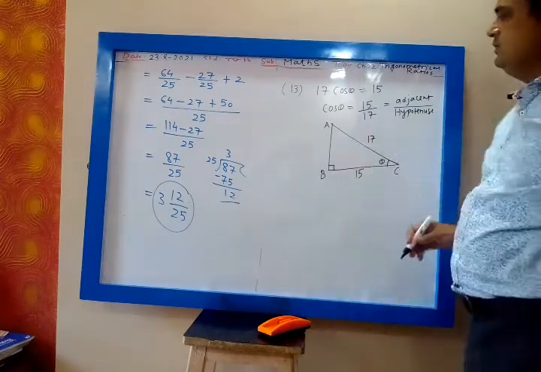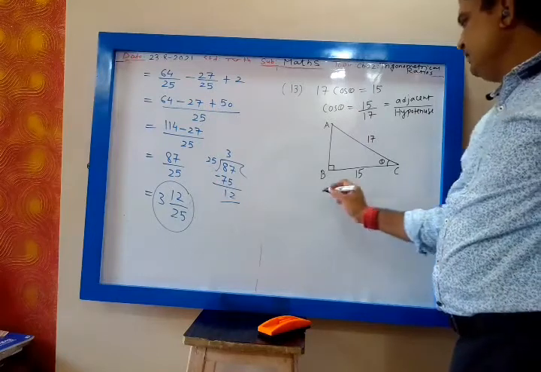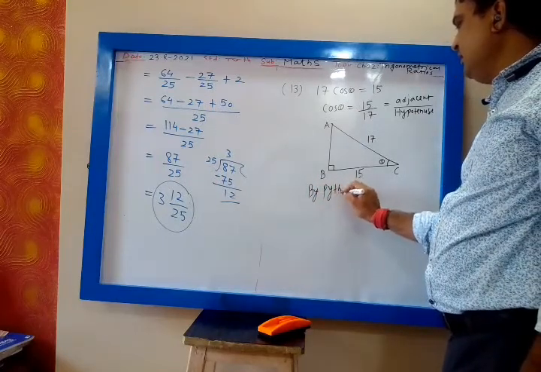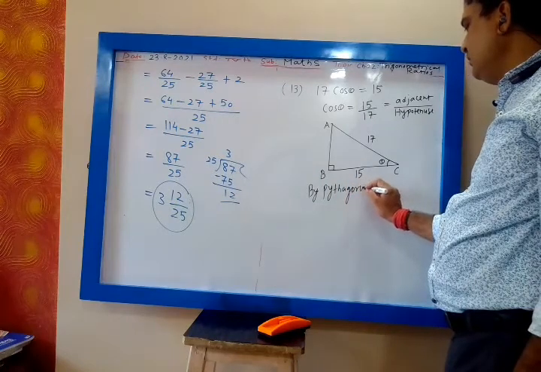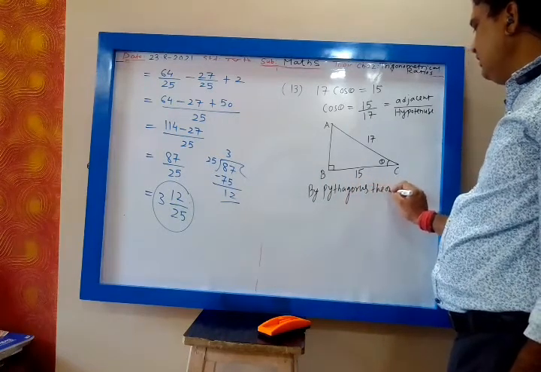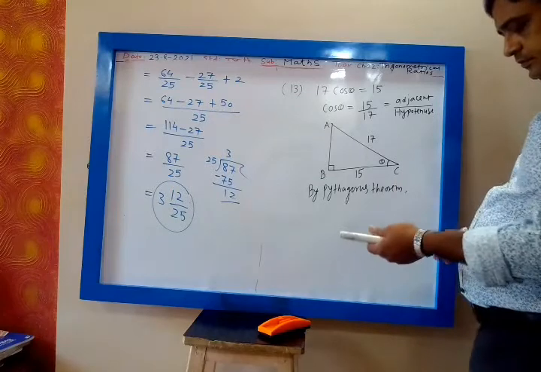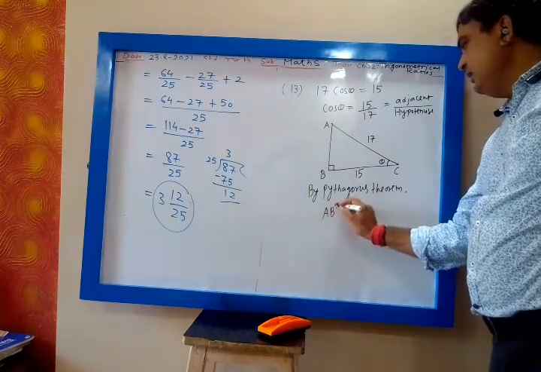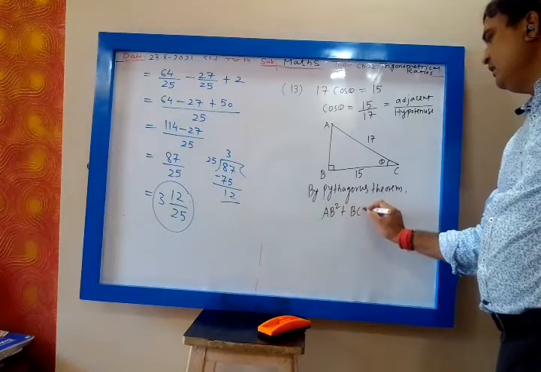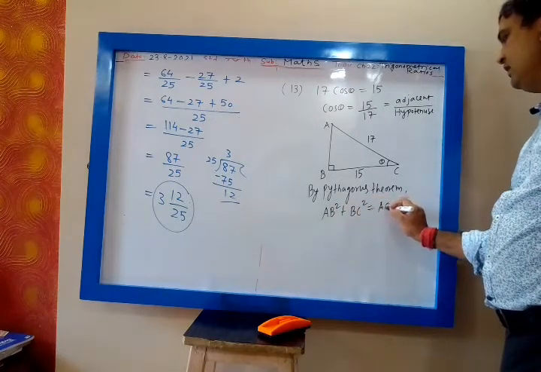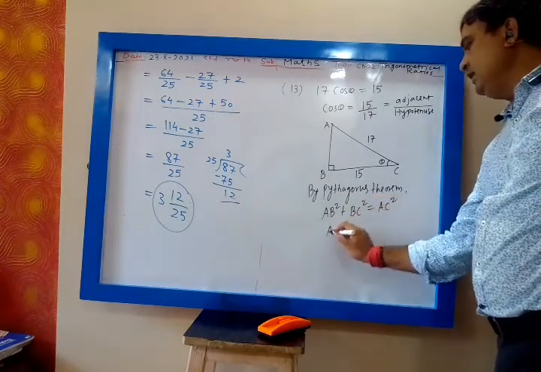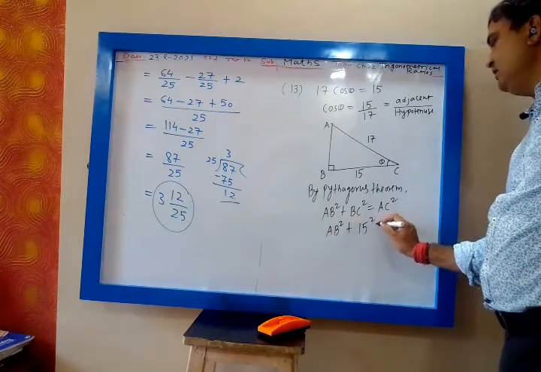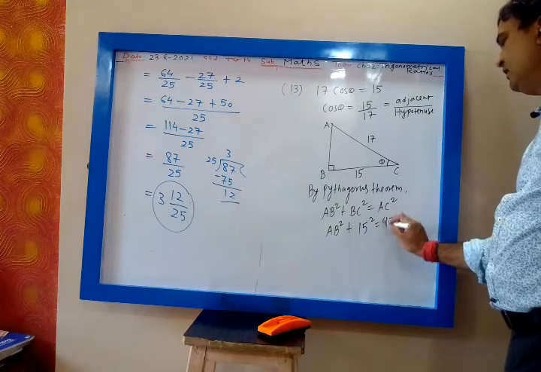Use Pythagoras theorem, find AB. So by Pythagoras theorem, AB square plus BC square is equal to AC square. We have to find AB. BC is 15, 15 square is equal to 17 square.